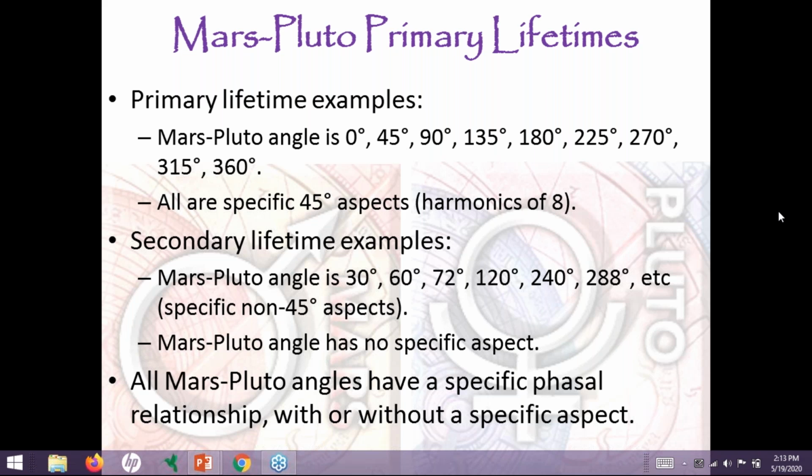In other words, we can have specific aspects that are not 45-degree angles. We can also have Mars, Pluto, and no specific aspect at all. They have a phasal relationship within a specific phase, but they may or may not have an aspect. That's going to be that secondary lifetime example.